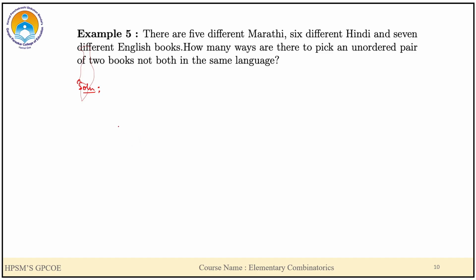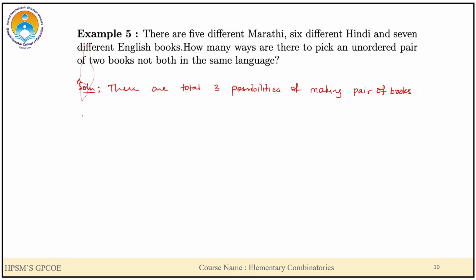Okay, so there are total 3 possibilities of making pair of books.